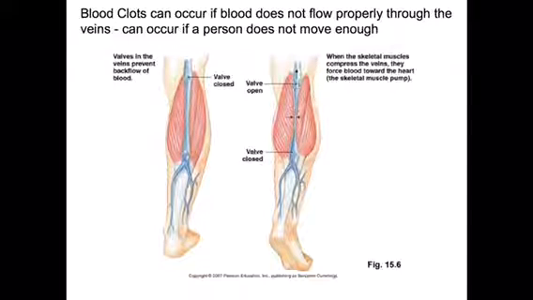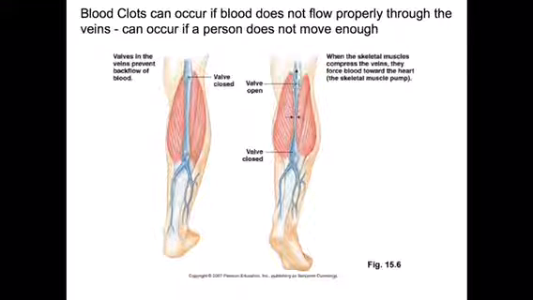Okay, so we talked about blood clots. Remember, a thrombus is a stationary blood clot, and that's it. That can happen if the blood does not flow properly through the veins. So if the person doesn't move a whole lot, sometimes it's difficult for the veins to move that blood flow.